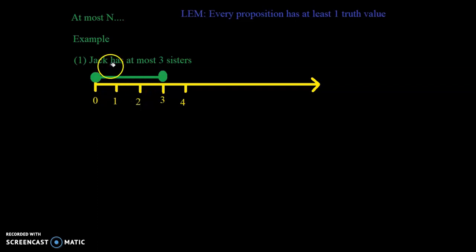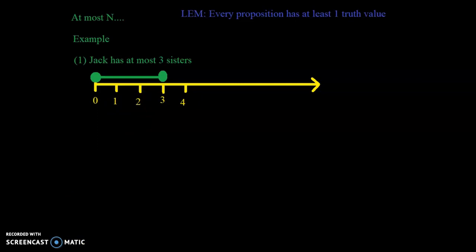It's possible that he has exactly 1. If he has at most 3, that's a possibility. It's also possible that he has none. If he has no sisters, it's true that he has at most 3. 3 is again an upper bound. Now it's not a least upper bound, but it is an upper bound, okay?